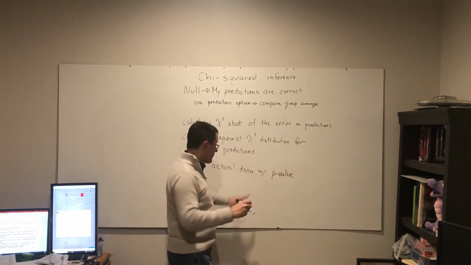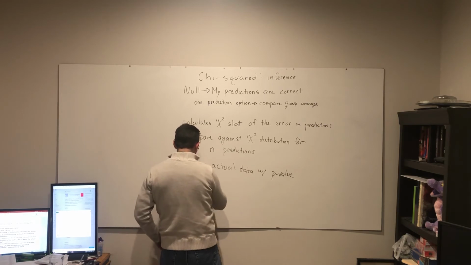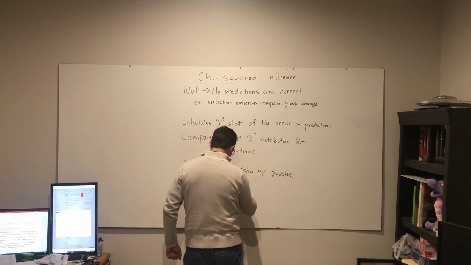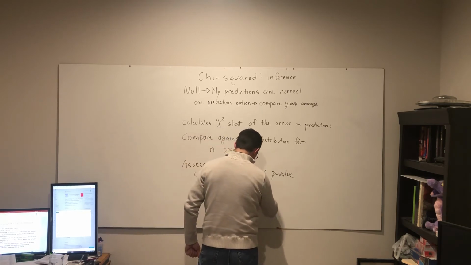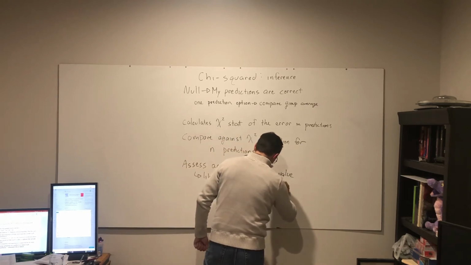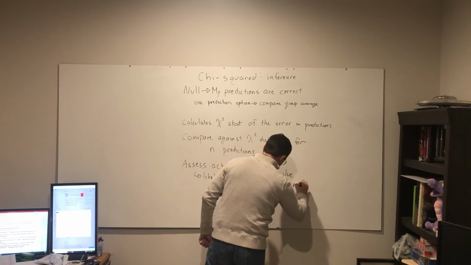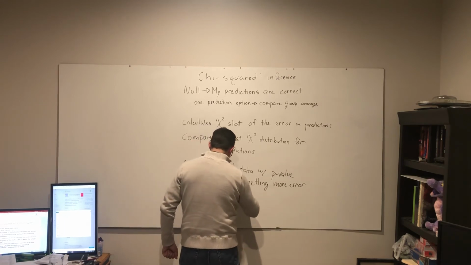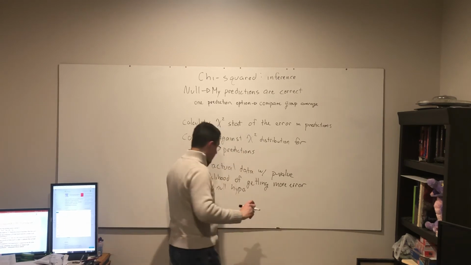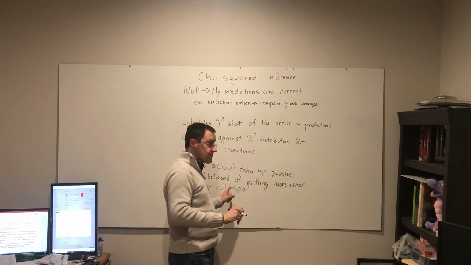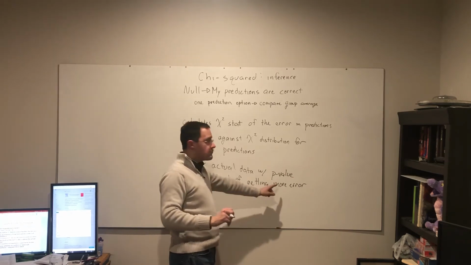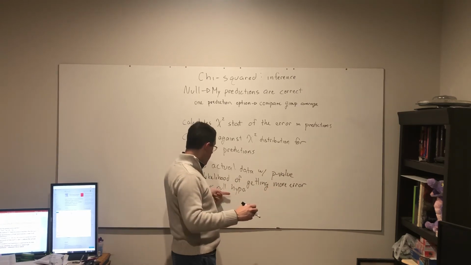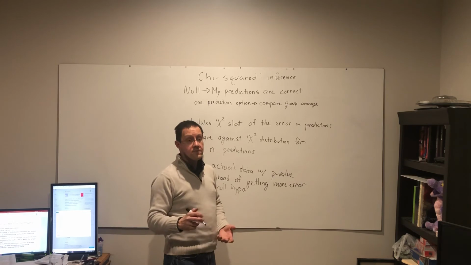What the p-value is then doing is saying what's the probability of getting more error, more collective error, under the null hypothesis.